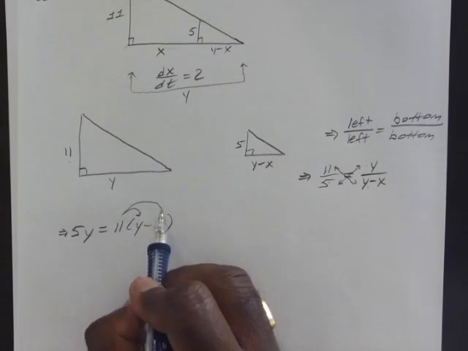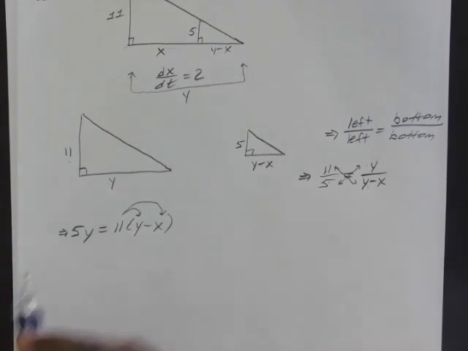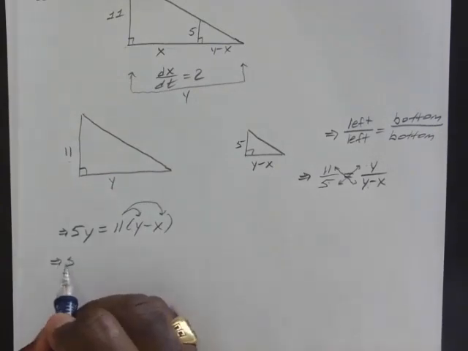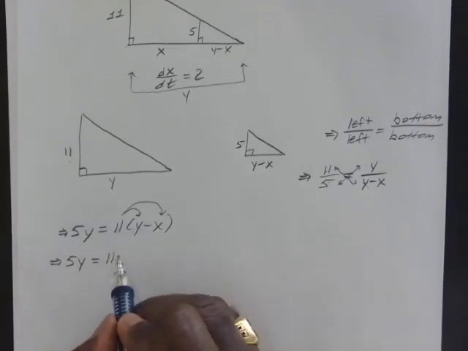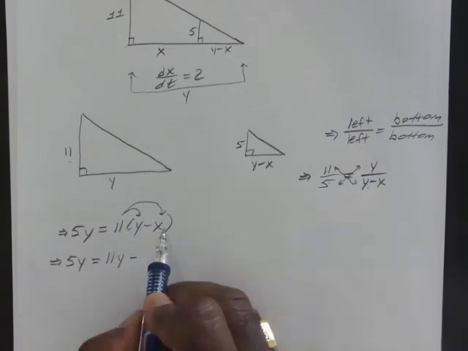So if we distribute that 11, that gives us 5y is equal to 11 times y minus 11 times x.